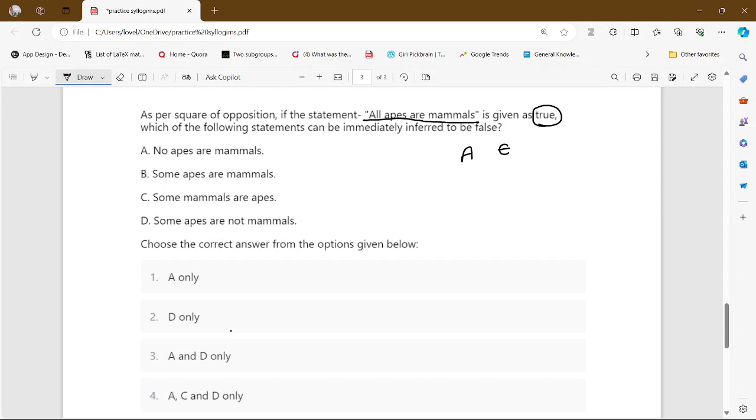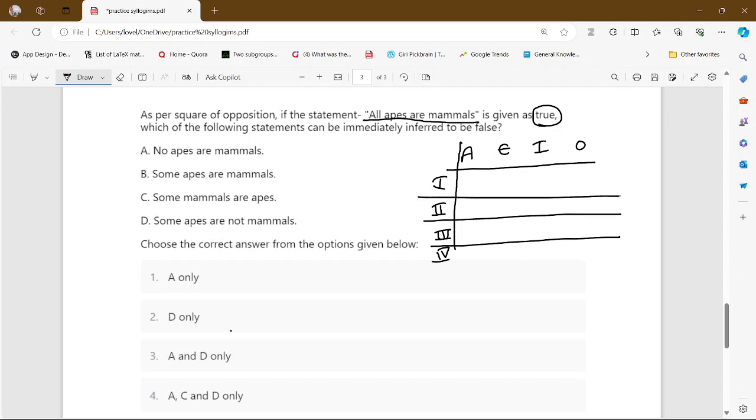So let us draw the truth table AEIO. Draw AEIO here. First, this is level 1, this is level 2, this is level 3, this is level 4. Once you practice more, it will be by heart, no problem. It is very easy, it seems lengthy, but it is very easy.